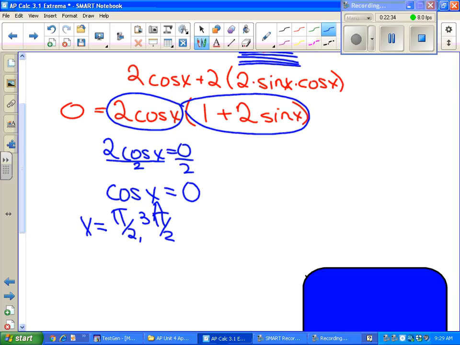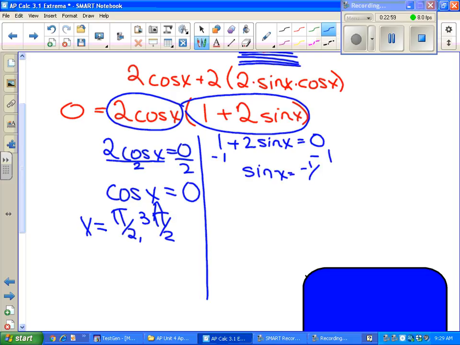That doesn't go against what I think, because don't we have a lot of peaks and valleys with sine? So we could have multiple places where we have maxes or mins. Okay, that's only one possibility. Now we have to check 1 plus 2 sine of x equals 0. Subtract 1, so sine of x equals negative 1/2.